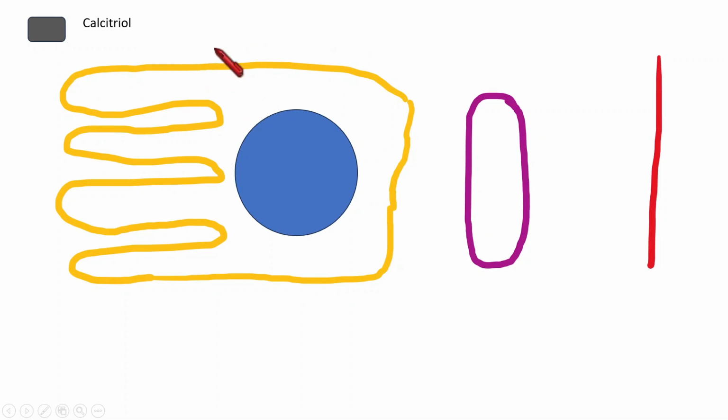So here also, calcitriol crosses the cell membrane and enters the intestinal mucosal cell, and inside that cell certain receptors are present. They bind with calcitriol, and this complex moves inside the nucleus.